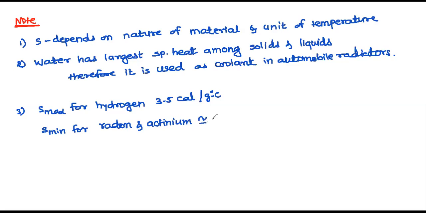How much is that? Nearly equal to 0.022 calorie per gram degree Celsius. You write like this: calorie gram inverse degree Celsius inverse. Okay.